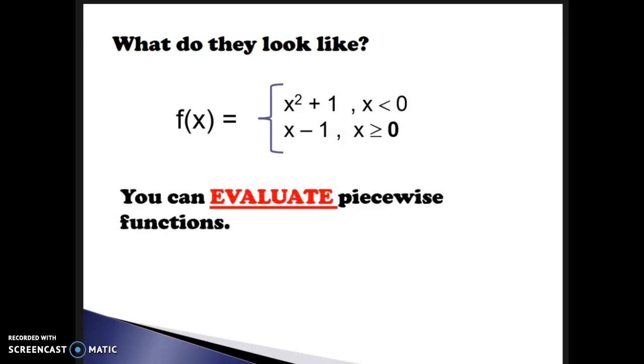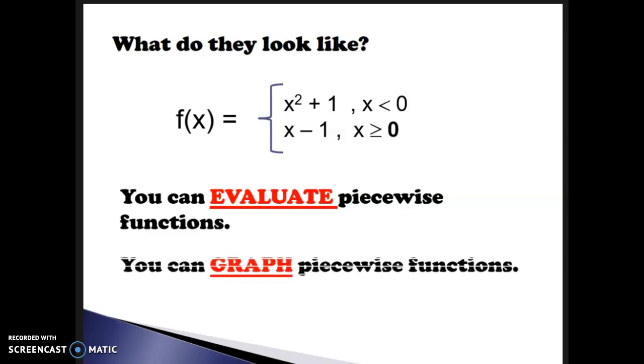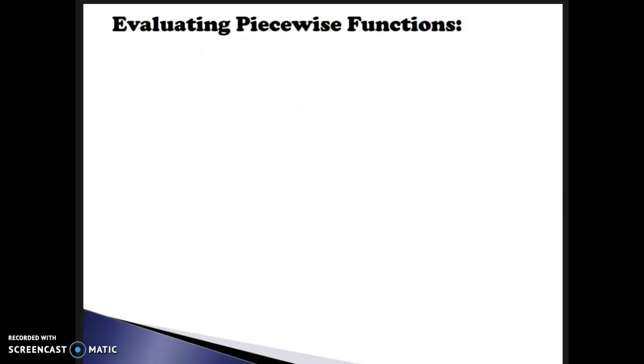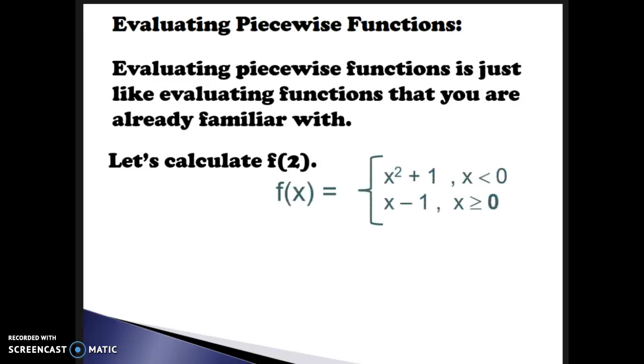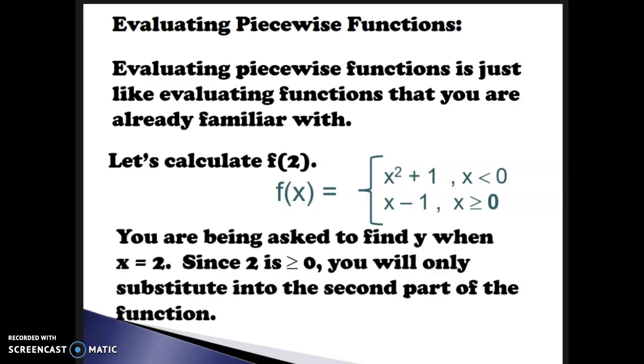You can evaluate a piecewise function. You can also graph a piecewise function. So we're going to be looking at both of those features today. To evaluate a piecewise function, you're just going to evaluate functions like you have been doing all year. Let's look at calculating f of 2. Taking that previous piecewise function, we're being asked to find what y is equal to when x is equal to 2.